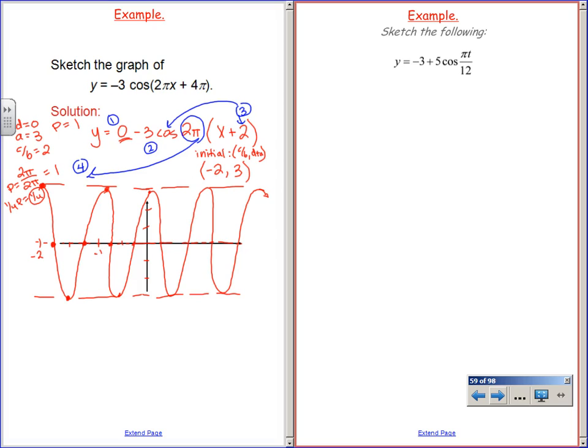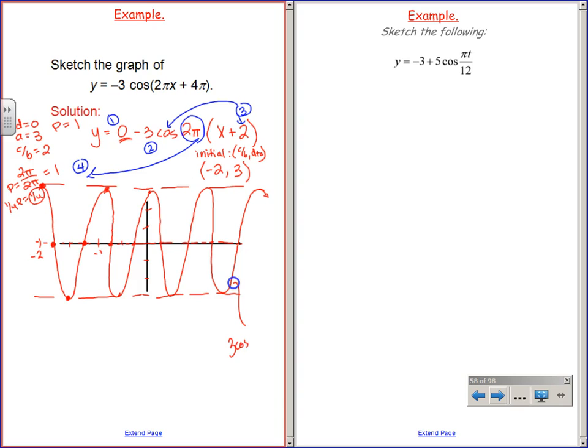And I want you to label what you have as positive 3 cosine of 2 pi times x plus 2. But then I want you, in a different colored pen, to come to the example and circle the negative. I'm going to do it in a different color than blue because I've been using blue. Circle the negative and ask, what's the only thing that changes with a negative?